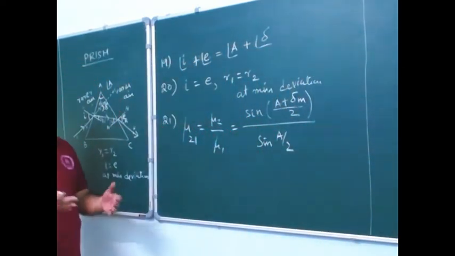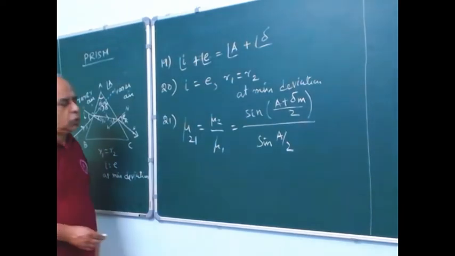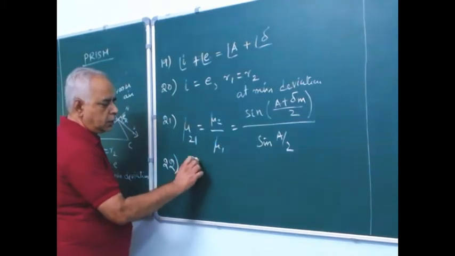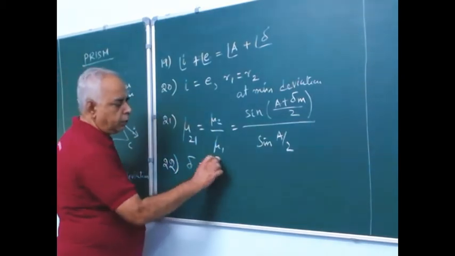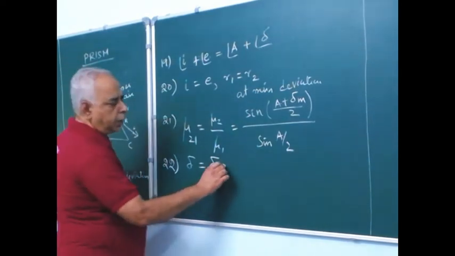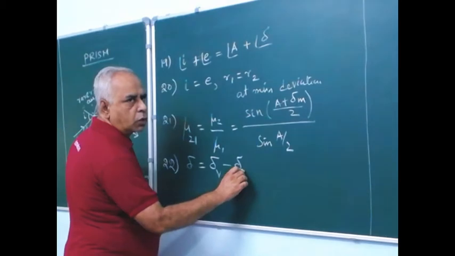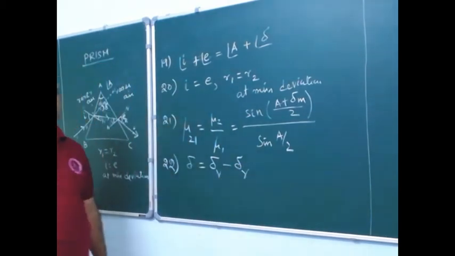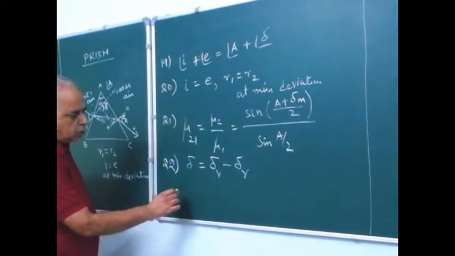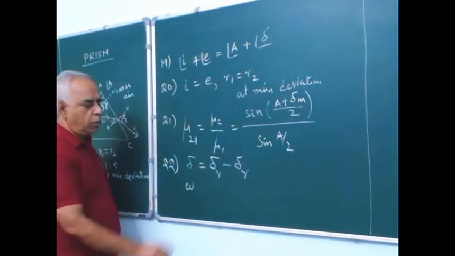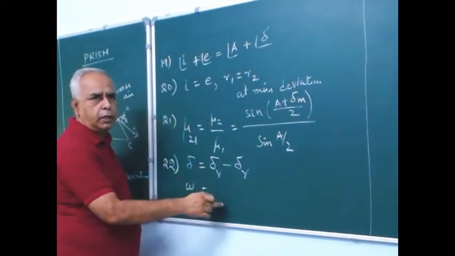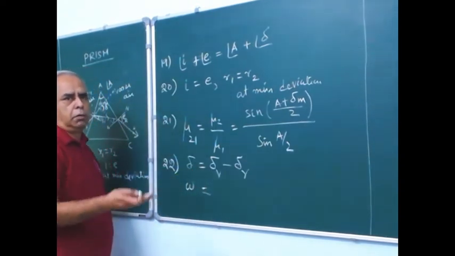Then now let us talk about dispersion. So this is the formula for dispersive power. Delta is equal to delta V, that is the angle of deviation for the violet ray, minus the angle of deviation for the red ray. Okay, this is called the angular dispersion. So dispersive power is omega. Omega is given by the angular dispersion divided by the mean value.